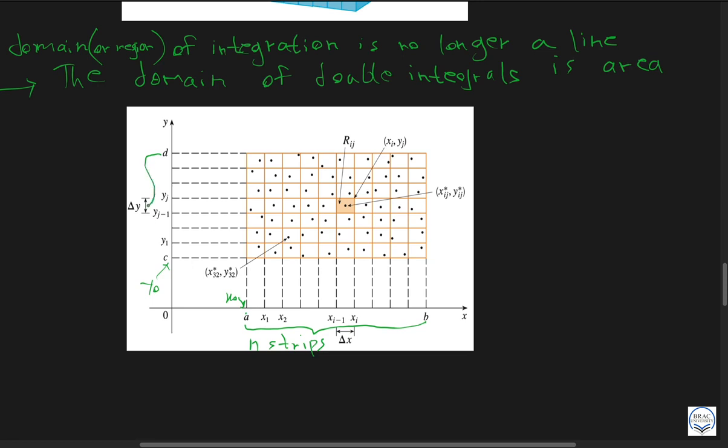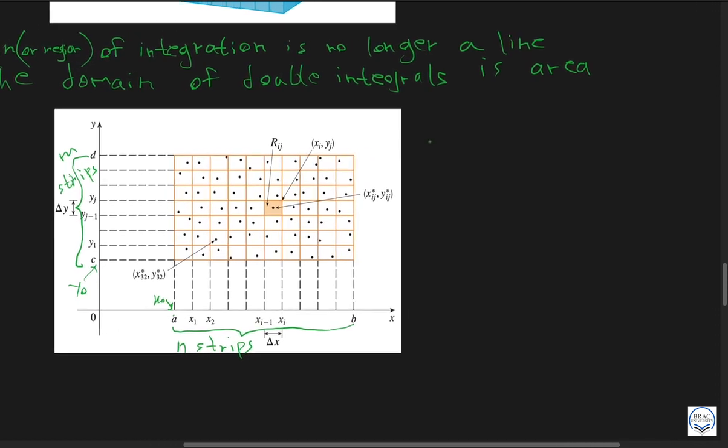Let me just write it down. Similarly, along the y-axis, we'll have m stripes. Okay, so this means that all of these lengths are actually equal, right?